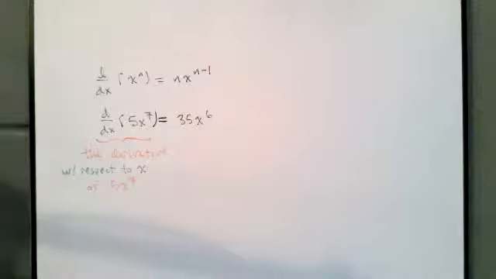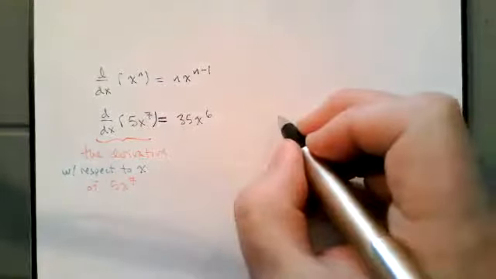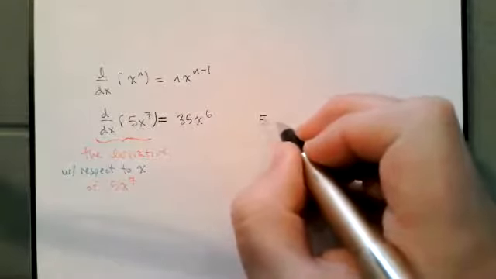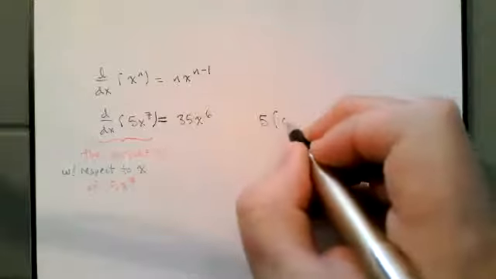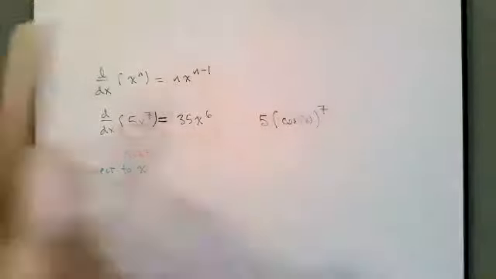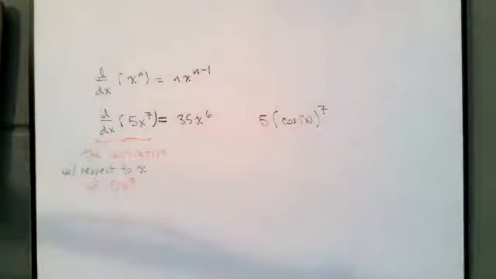So when we see an expression like 5y to the 7th, or let's say 5 times the cosine of x to the 7th, we still want to see the 35x to the 6th in this expression.